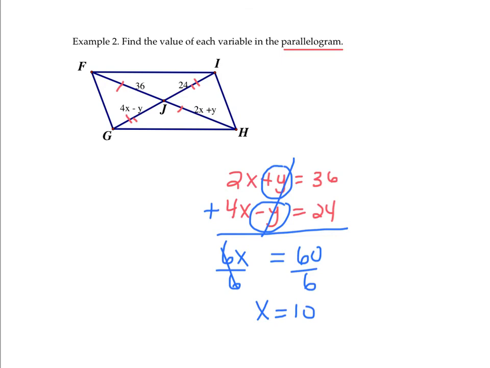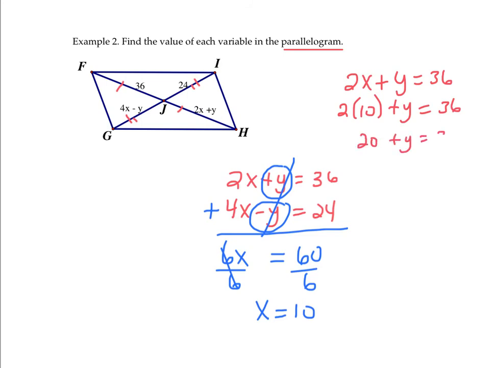Now that we know that x is equal to 10, we're going to use that to solve for y. In the equation 2x plus y equals 36, if I plug in 10 for x, I now have 2 times 10 plus y equals 36. 2 times 10 is 20, plus y equals 36.